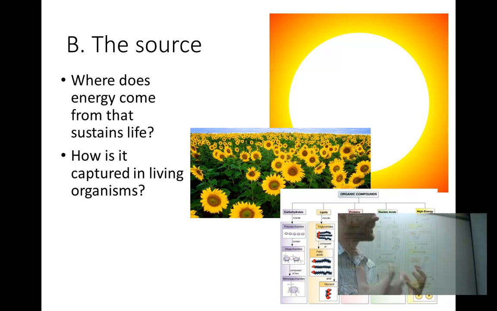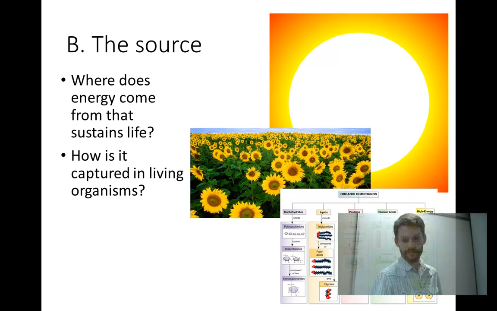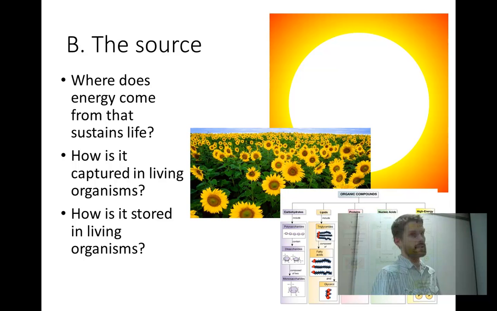So what does capture the energy from the sun on Earth? Yeah, plants. What can plants do with light? Photosynthesis, yeah. Photosynthesis takes carbon dioxide out of the air and converts it into sugar. But it needs sunlight. And how is it stored in living organisms? What stores energy in living things?